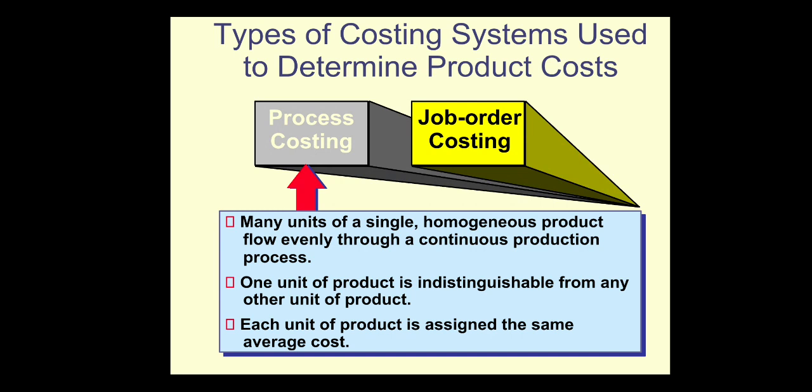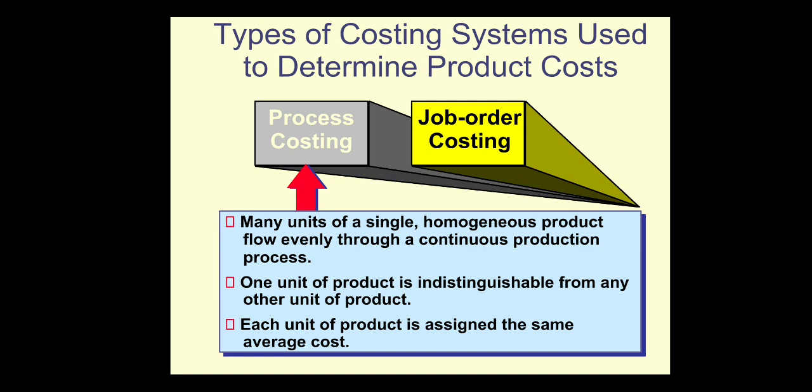If you see a business that produces a single product but in very large quantity, then the business should use process costing. That is the opposite of the business that should use job order costing.